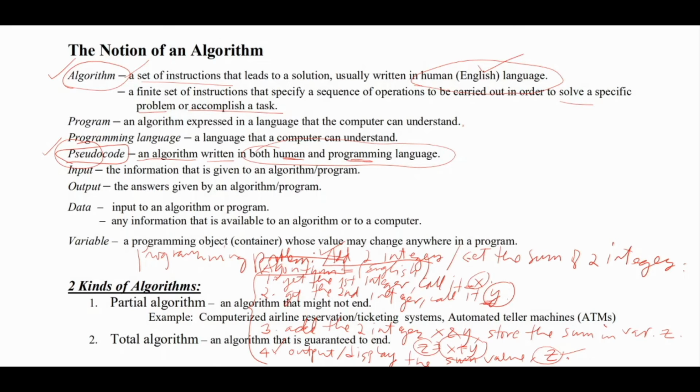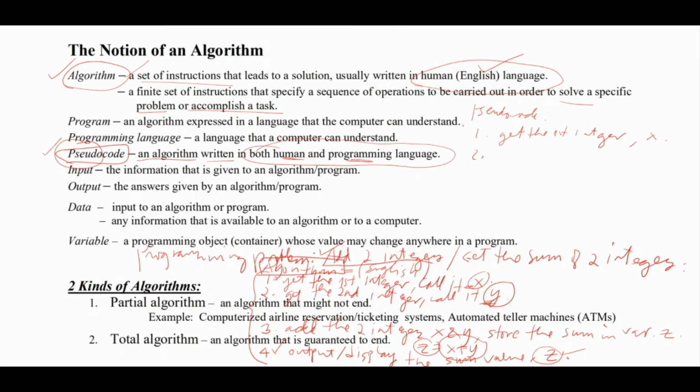Say for example, let's take this algorithm, okay? Notice that we call this an algorithm, and that's because all the instructions from number 1 to number 4 are written in English language. But if we're going to write a pseudocode version of that, say this is our pseudocode version of the same problem, the first instruction may be get the first integer x.